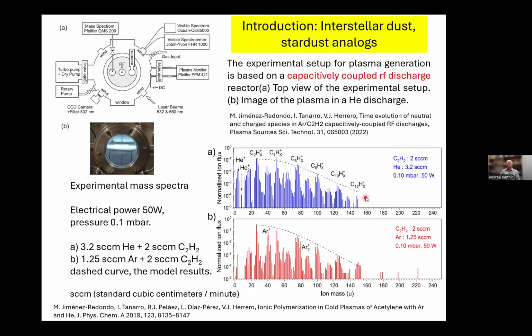And depending on the composition, we have different spectra. Nevertheless, we have a large number of carbon atoms in the molecule. In this case, it is 12. There are even more.